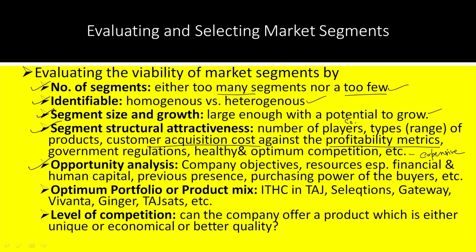Next is resources, especially financial and human capital. What are the financial resources? See, I told you in the beginning itself that the more segmentation we do, the more money the company needs to invest in making a product for every segment separately, which requires very high financial resources, a good financial stamina. At the same time it requires expertise in terms of human capital also.